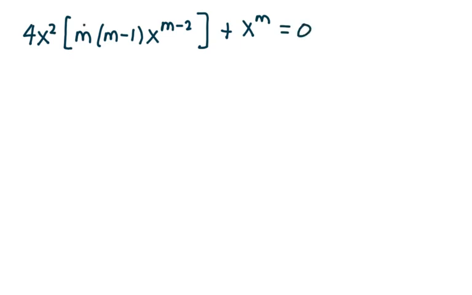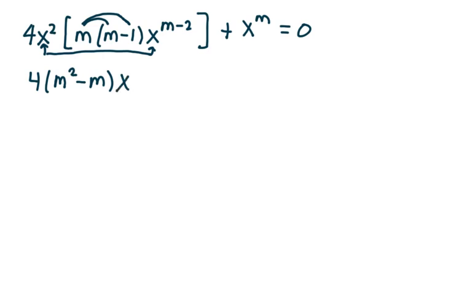Now, I'm going to distribute the m inside to each term within the parentheses. And when I do, I get 4 times m squared minus m. And then x squared times x to the m minus 2, again by design, is x to the m, plus x to the m is equal to 0.